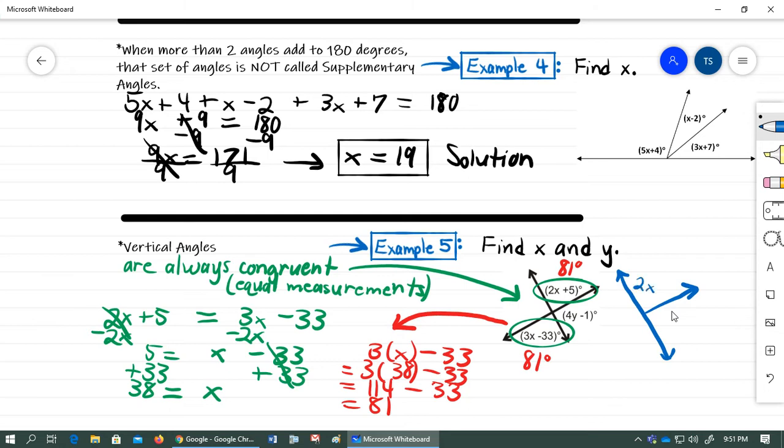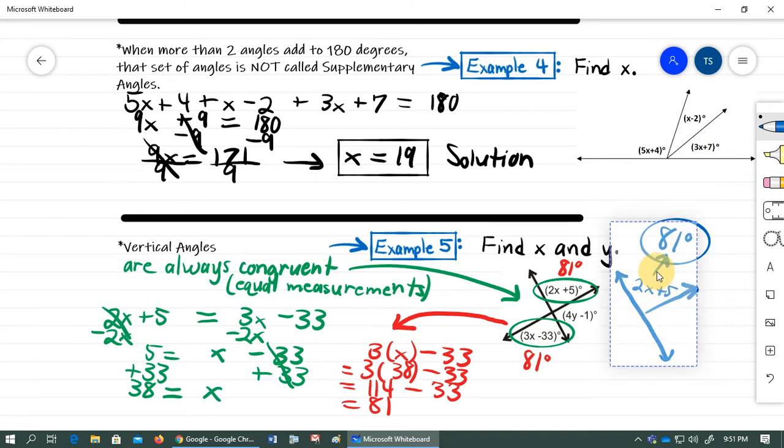You see the 2x plus 5. We know that that is technically 81 degrees. So if this part here is 81 degrees, yeah, that's just as sloppy as it could be, but it's going to have to be all right for the day.